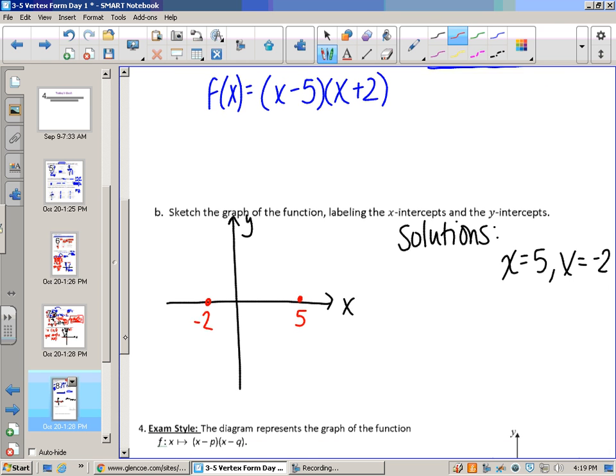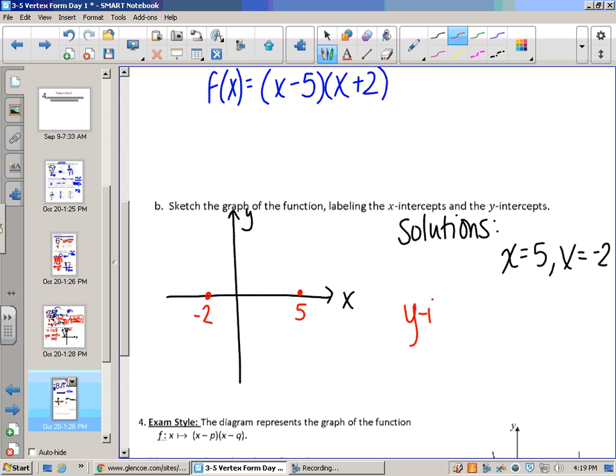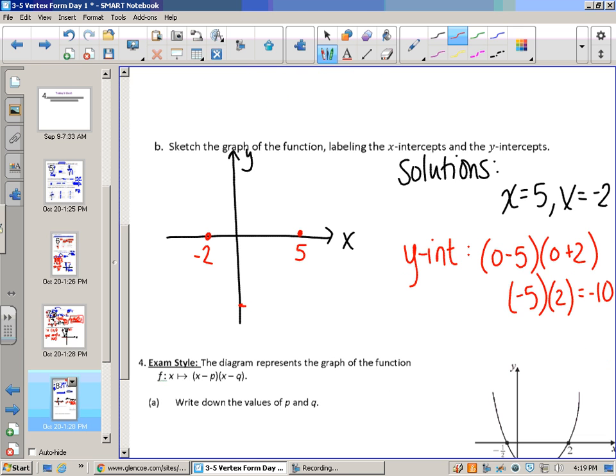I know the y-intercept is what happens when I plug in 0: 0 minus 5 times 0 plus 2. So I get -5 times +2, which is -10. That means my y-intercept is down at -10, so my parabola needs to go something like that. I know my vertex needs to be between -2 and 5 because this is a symmetric graph, so -10 is not the vertex.